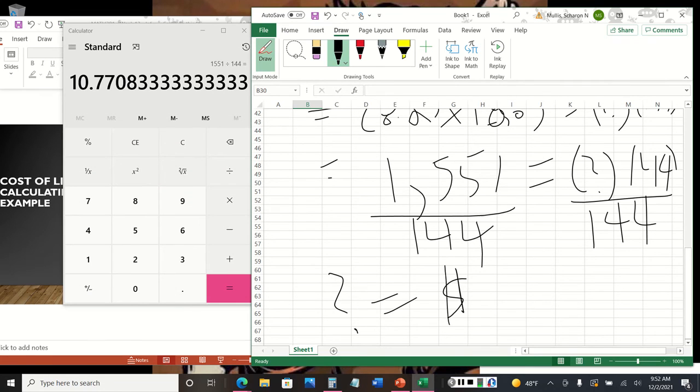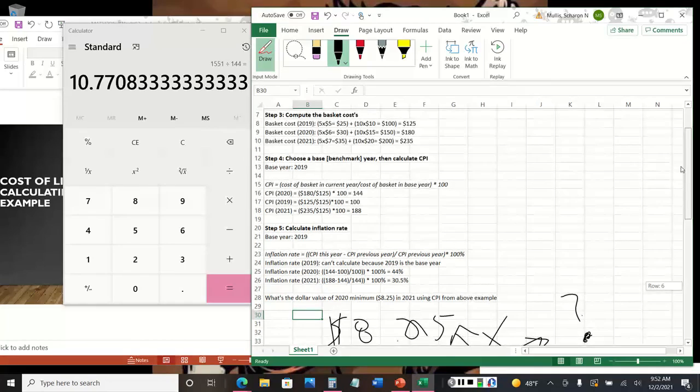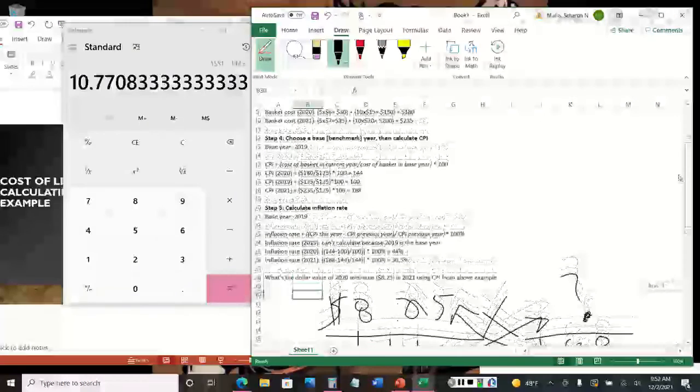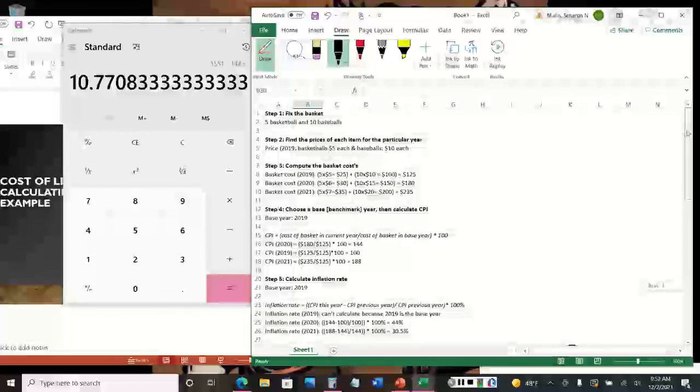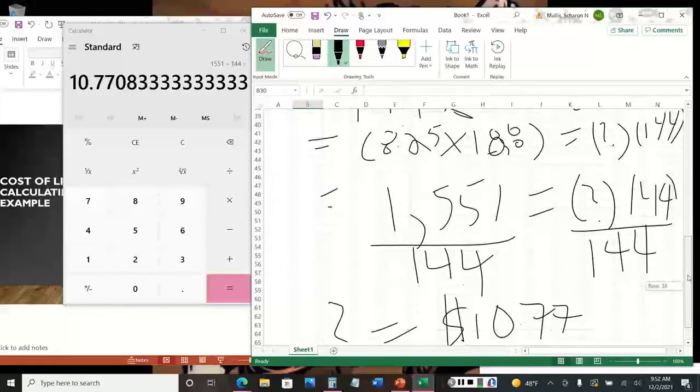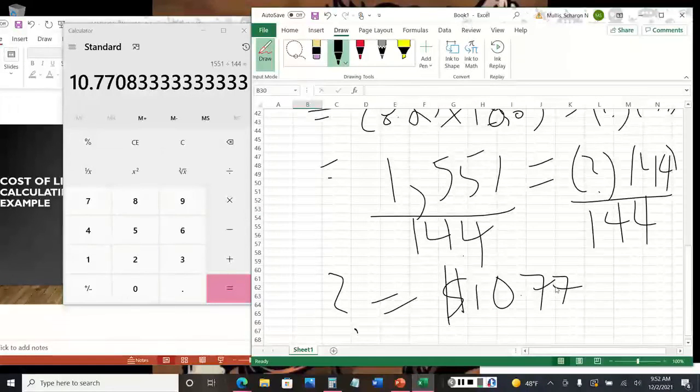So the question mark equals, using the inflation rates and the CPI we got from our example above, which might not be realistic in real life, but this is how it's kind of done, how they figure out how much the time value of money is from one year into the next.